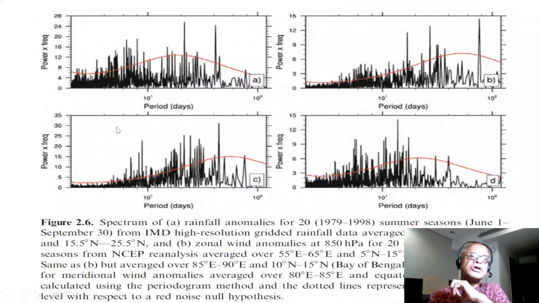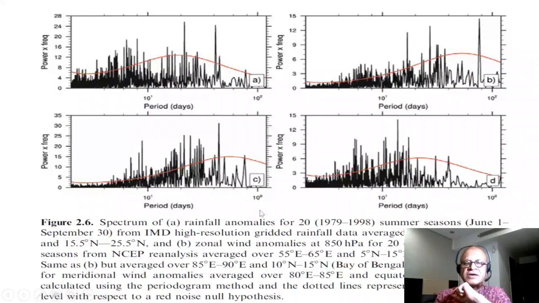This is just showing the spectrum of rainfall anomalies for 20 summer seasons, again taking the JJAS for IMD high resolution gridded rainfall averaged over the core monsoon zone. This is the zonal wind anomalies at 850 hectopascal.